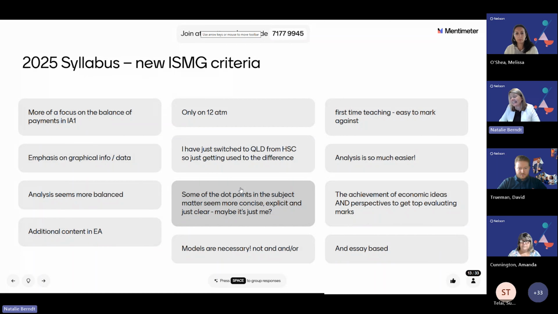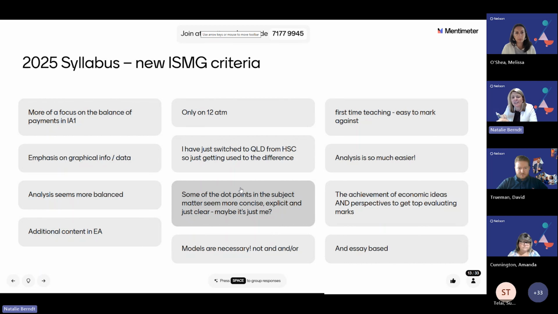Economic ideas, yes, I am loving the perspectives part of the synthesis in evaluating. I really do think that is going to encourage students to think more about perspectives when they're writing evaluation.